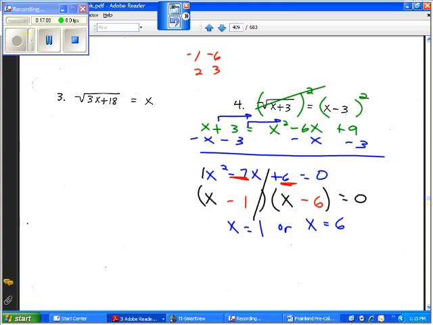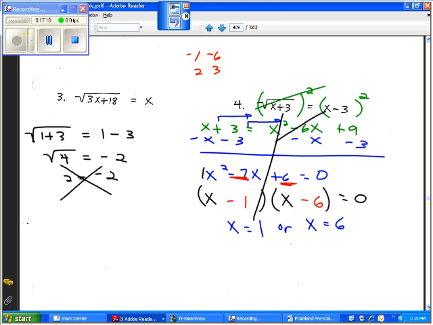So when we plug the 1 in, both places for x, we would have square root of 1 plus 3 is equal to 1 minus 3. So we would have square root 4 equal negative 2. So we would get 2 equal negative 2, which is false. So this is an extraneous solution. So we have to cast out the 1.